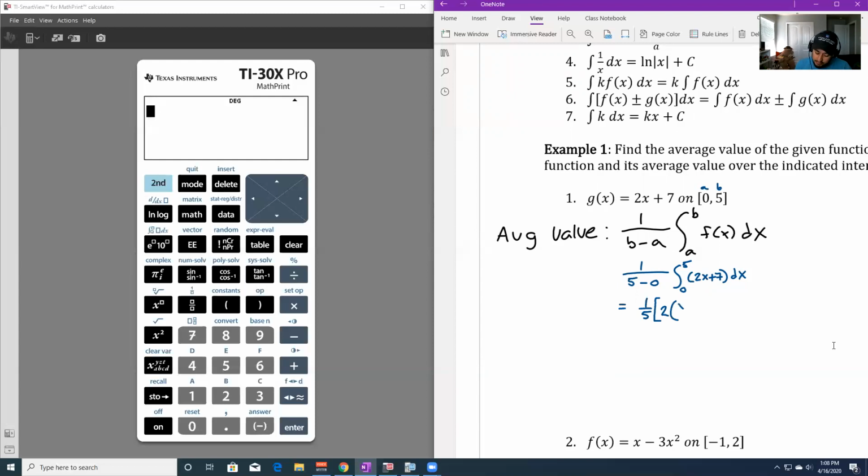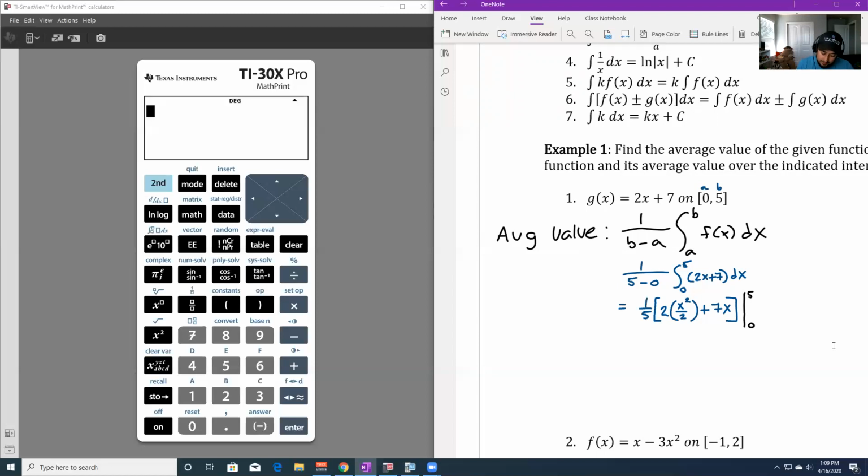So that becomes x squared over 2. Plus, now we want the antiderivative of 7. So that would be 7x. Close that. And we will be evaluating this antiderivative from 0 to 5, just like all the other ones.